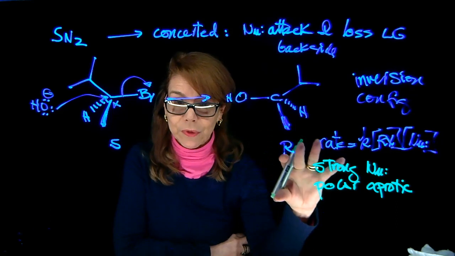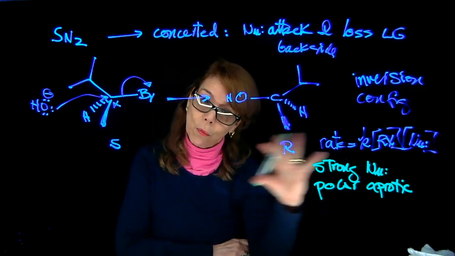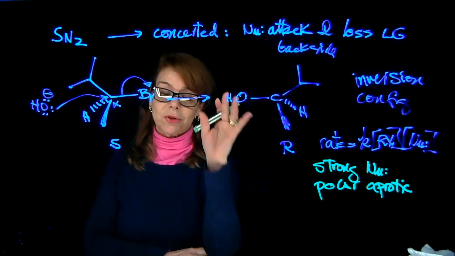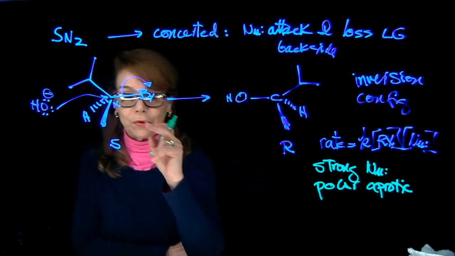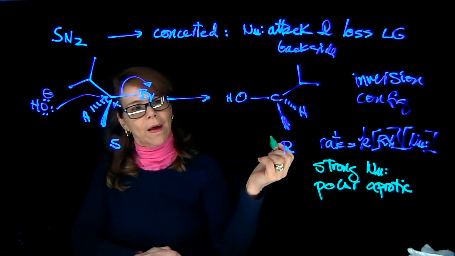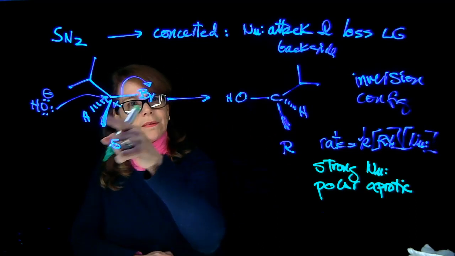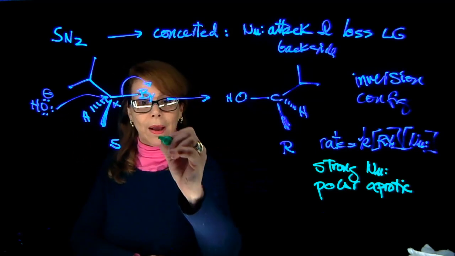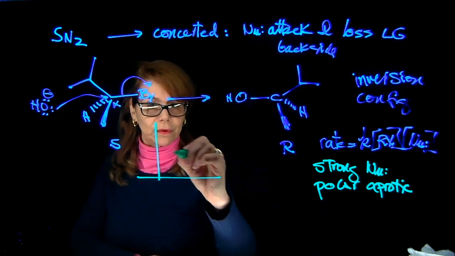We need to see what the reagent is and what's going to happen with the substrate. Then, because of the mechanism, we need to remember that if the center is chiral, you're going to have inversion of configuration, because these two events, nucleophilic attack and loss of leaving group, happen at the same time. We said it was concerted.